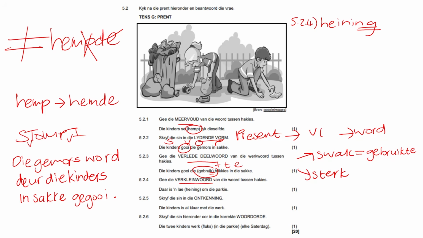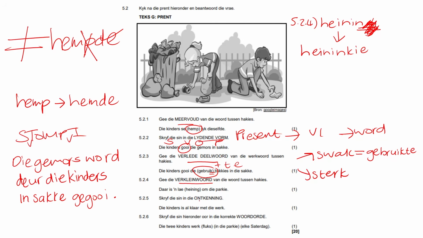If you say that word heining, it's long. So when it's a long vowel, what happens is you write down everything up until the end. You literally don't look at the G. And what happens is in place of the G, you are going to have a ki. So heining becomes heiningkie.